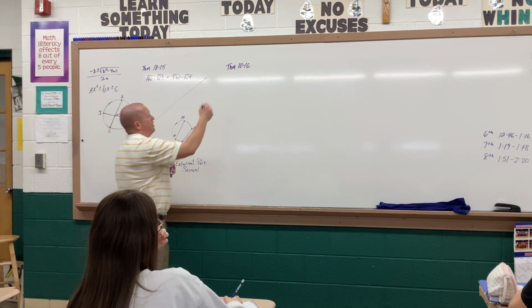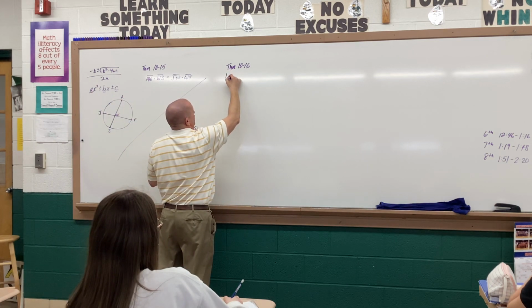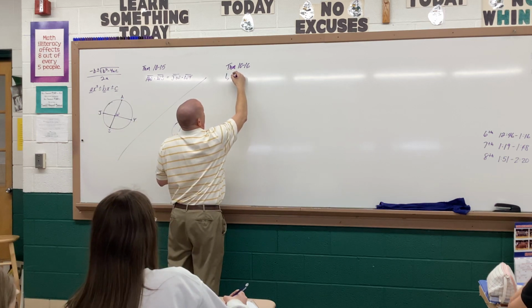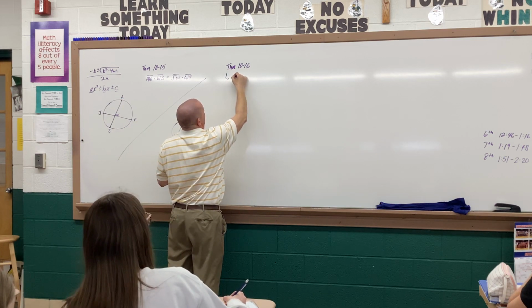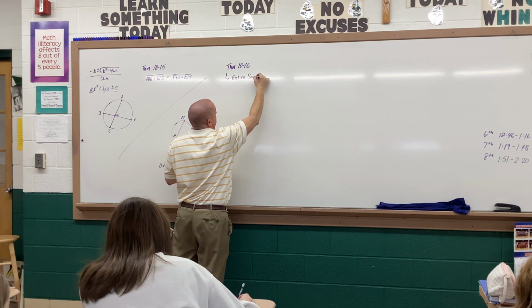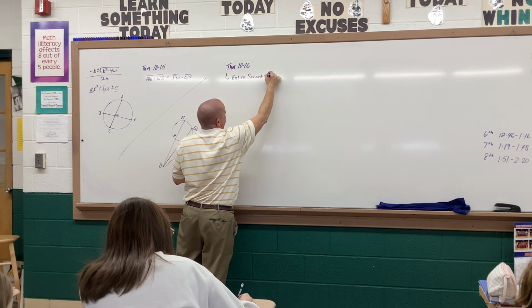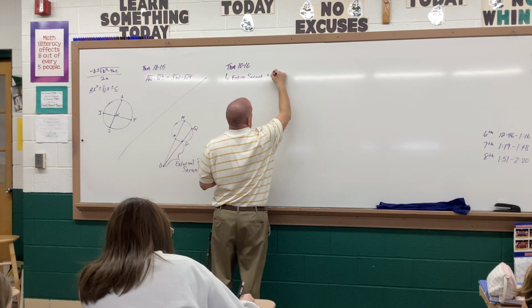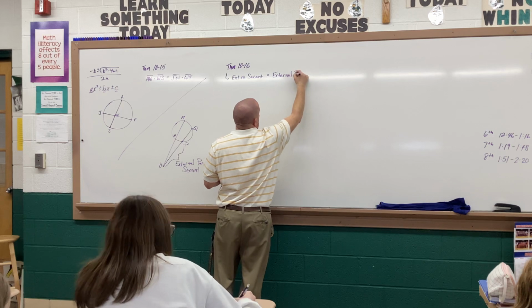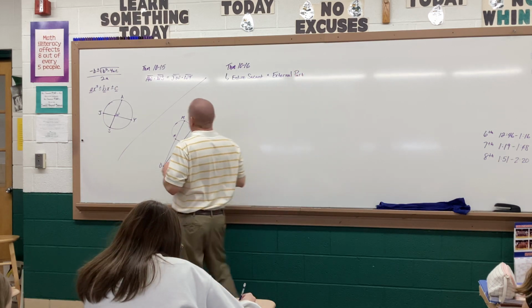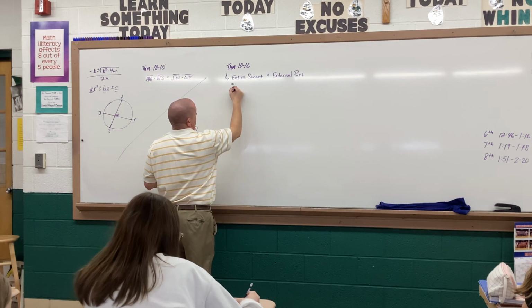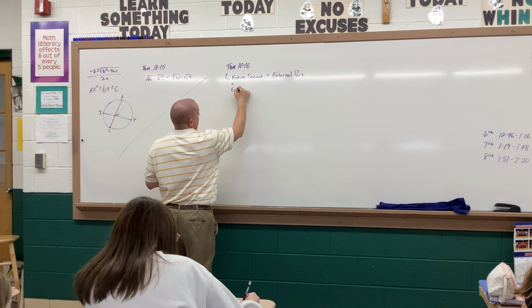But basically, to put it into words that make sense to me, I'm going to take the entire secant times the external part. And then I'm going to set it equal to, and then I'm going to do the same thing, the entire secant.